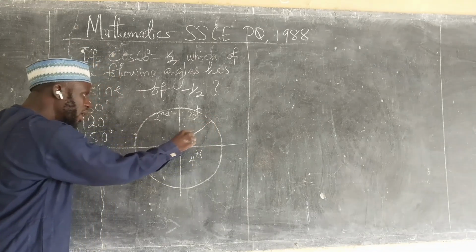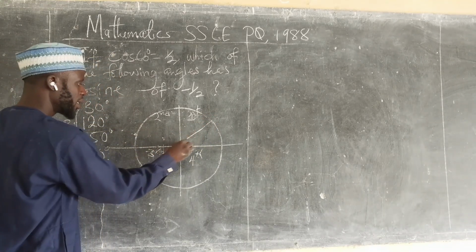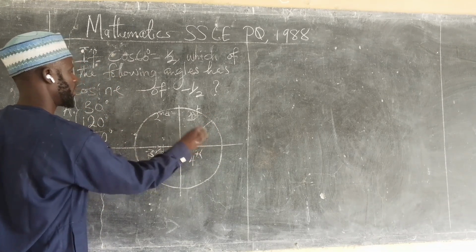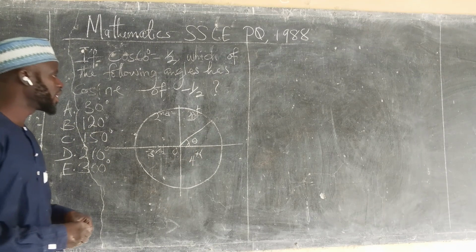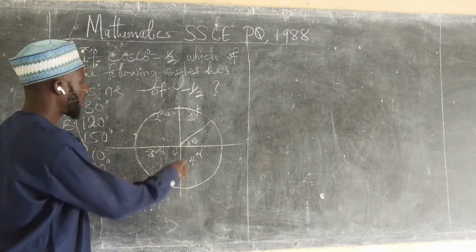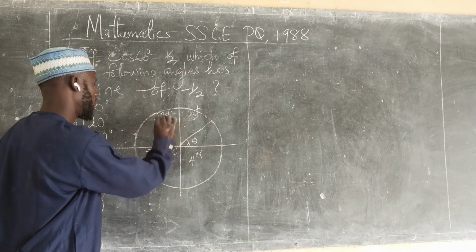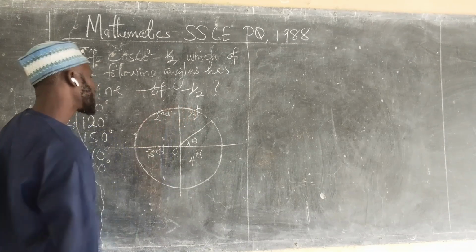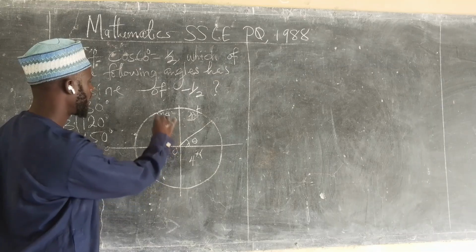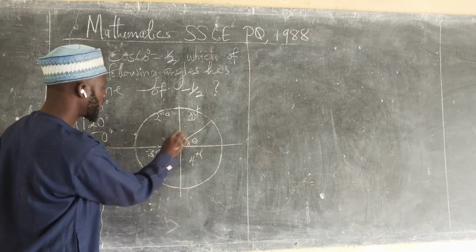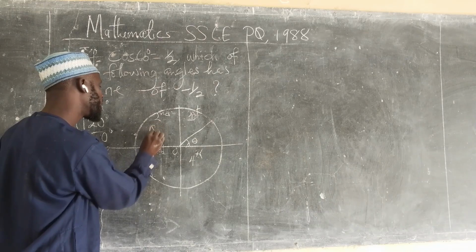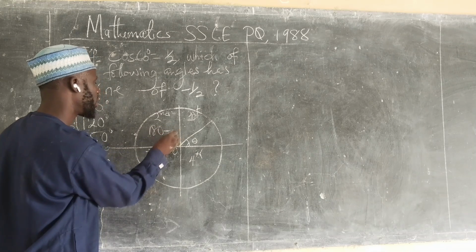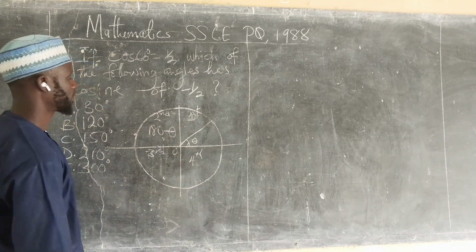Theta is in the first quadrant. The given angle is here. Now the reference angle for theta in the second quadrant is 180 minus theta.